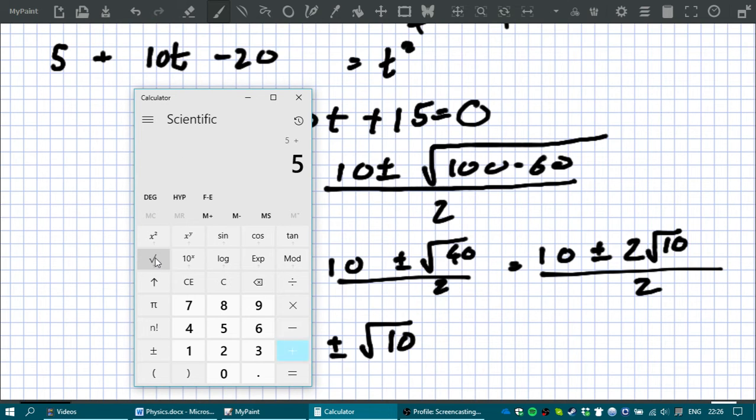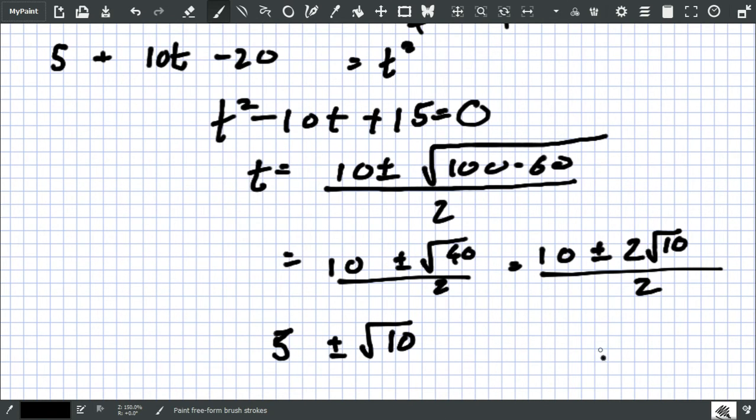So it must be 5 plus square root 10. Which is 8.16 seconds. So the time would be 8.16 seconds.